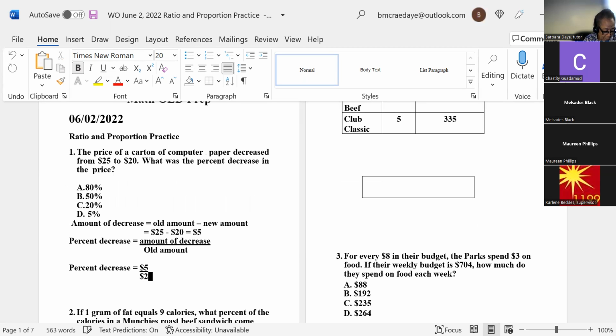Simplify. 5 over 25 equals what? 1 upon 5.